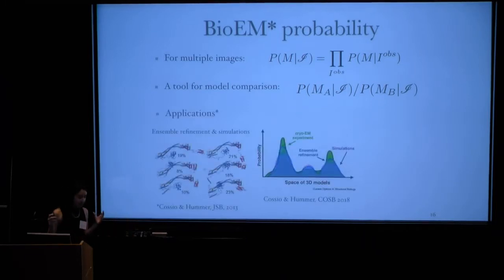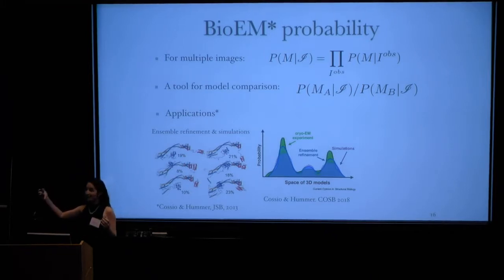So we started developing this tool thinking about Cryo-EM of flexible systems, Cryo-EM of intrinsically disordered systems. And so basically the main idea is to do ensemble refinements and to combine these measures with simulations.